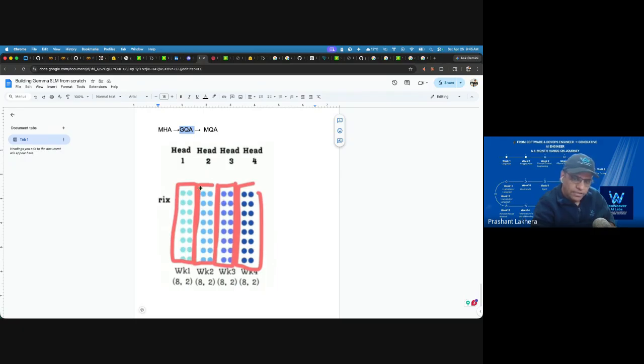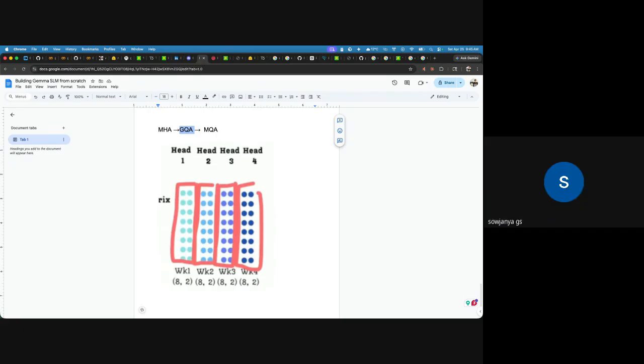We are grouping all these keys and these keys. So there is one query which has been split across these multiple keys and values. I know it's kind of misleading, but the main idea is grouping these keys and grouping these keys. Same thing for values also. Query, we are not touching.